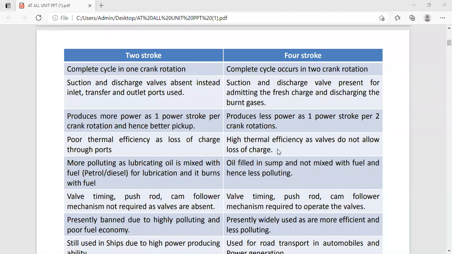Okay. Next point, more polluting as lubricating oil is mixed with the fuel for lubricating, and it burns with the fuel.